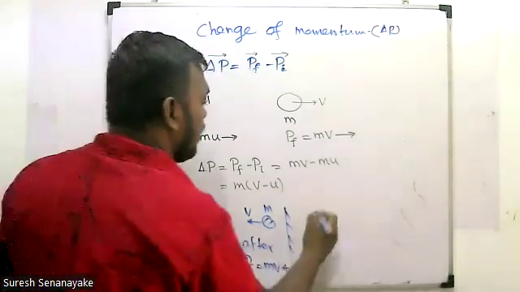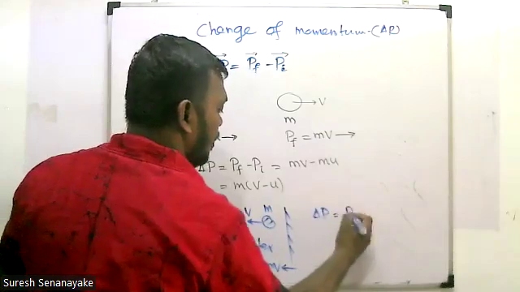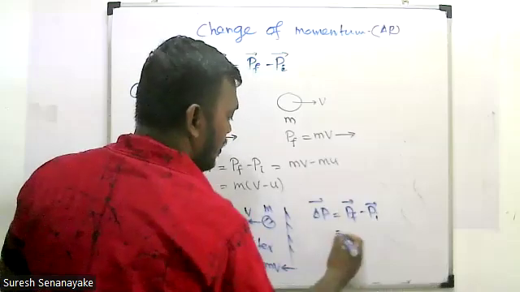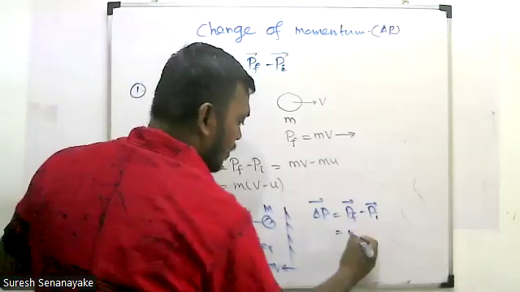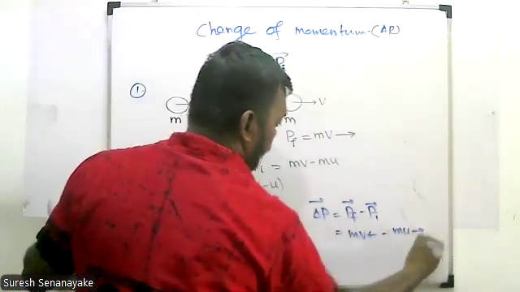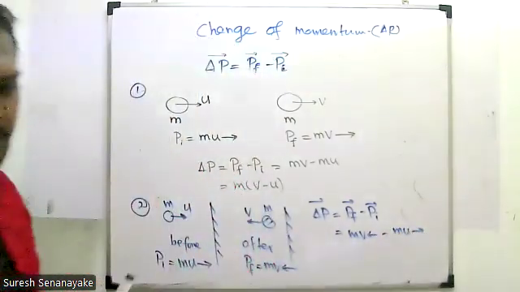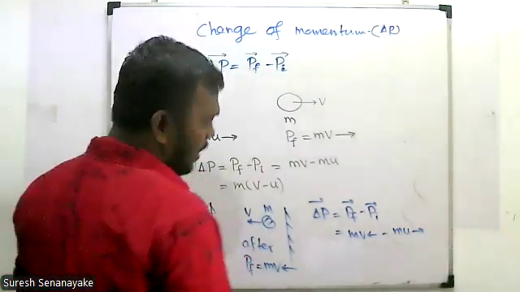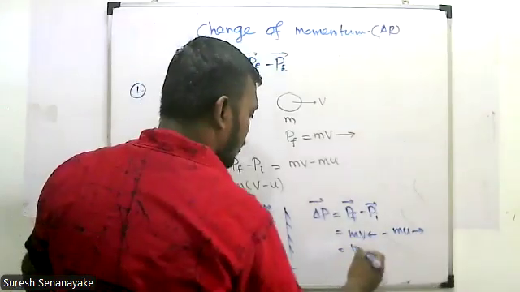To get the change in momentum, delta p, you need to get pf minus pi. These are vectors. The pf is mv leftward, minus the mu rightward. These two momenta are in opposite directions, so you cannot directly subtract them. You need to change the direction.